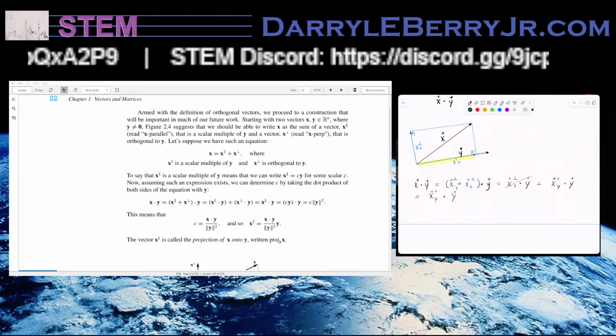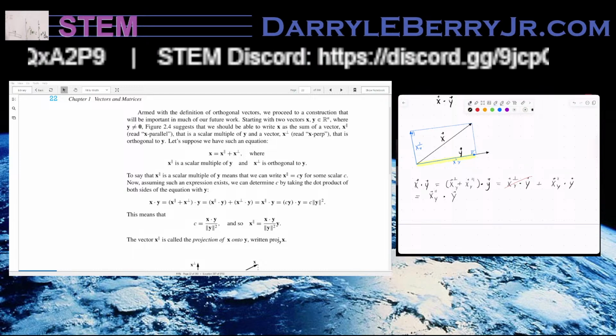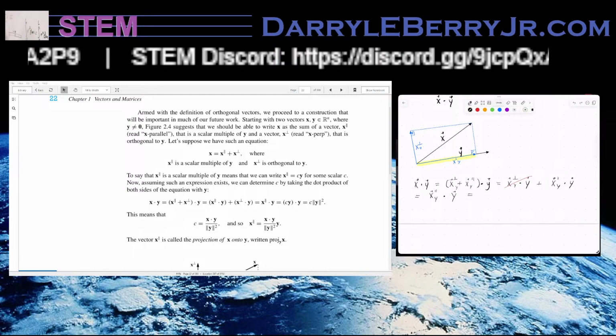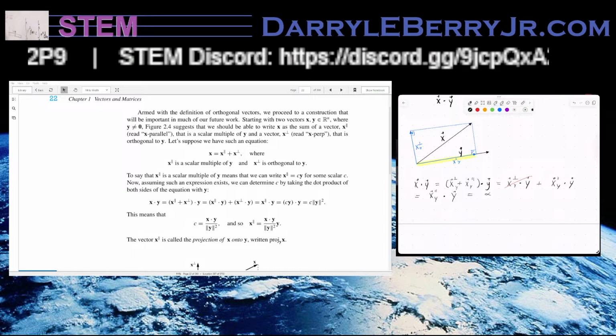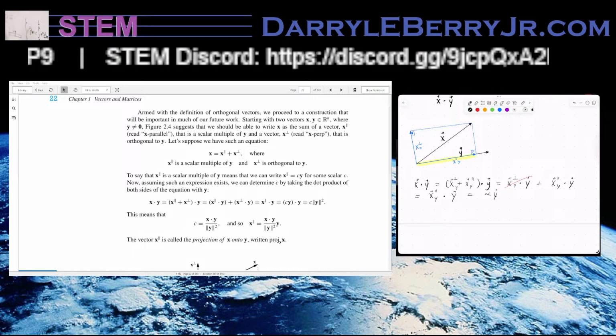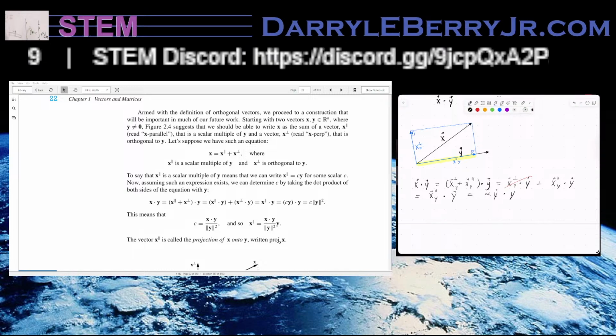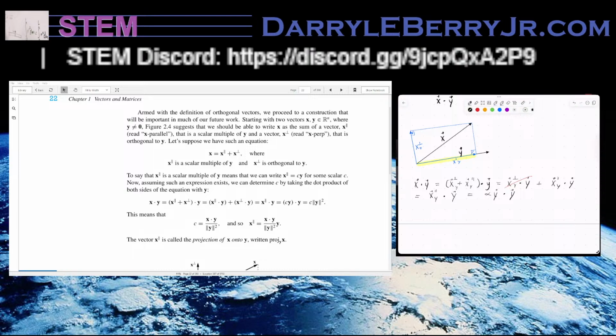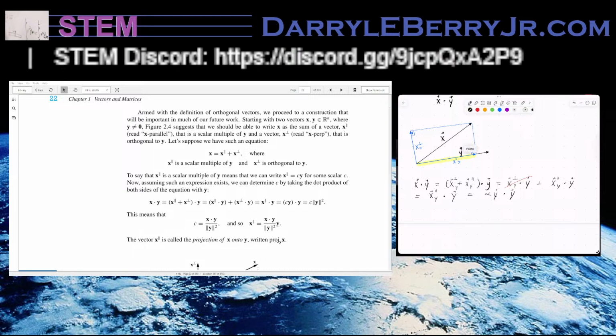And we know that the parallel component of x onto y is going to be some scalar of y, dot product y. And we can see this because y is out here, and this projection is shorter than y.